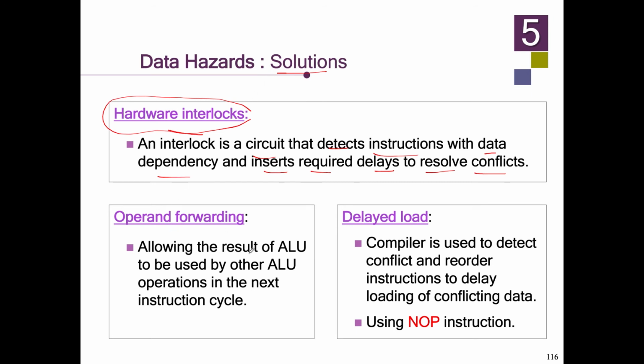Operand forwarding allows the result of the ALU to be used by another ALU operation in the next instruction cycle. So that is the meaning of operand forwarding. And another term is delayed load. The compiler is used to detect the conflict and reorder instructions to delay loading of conflicting data.